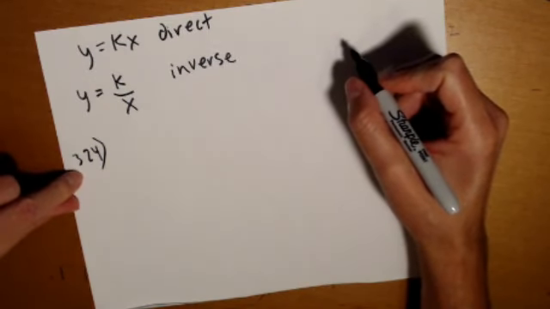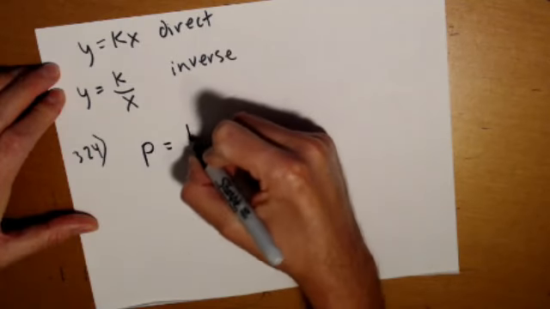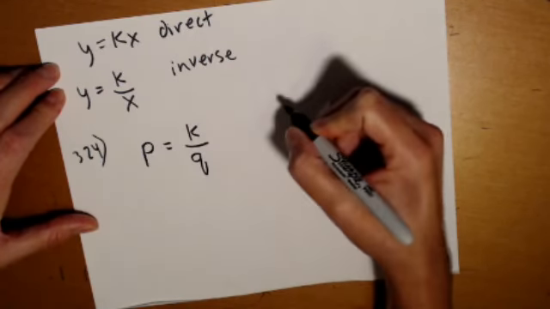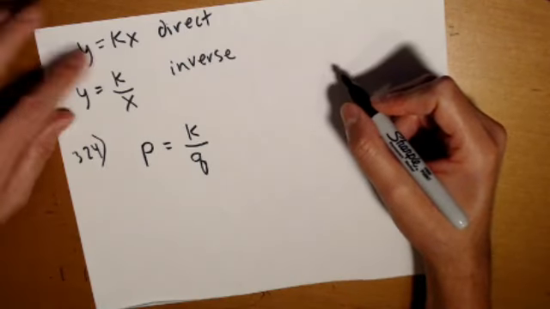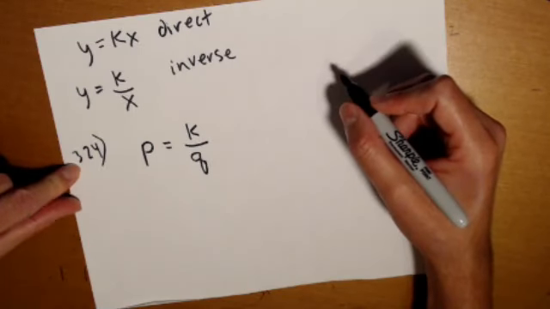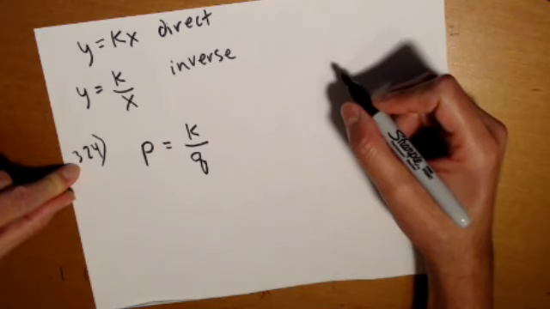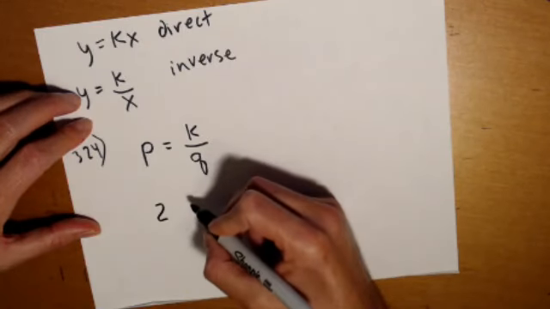Okay, so let us try 324. 324 says P varies inversely with Q. Okay, so P and Q vary inversely. Again, we just use K traditionally for the constant when we're describing direct and inverse variations. If P equals 2, then Q is 1.